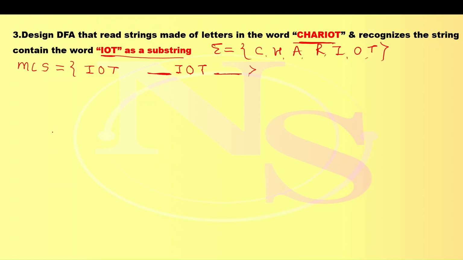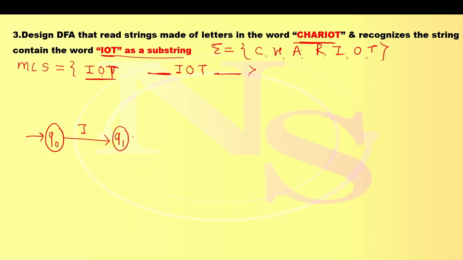Our starting state is Q0. The first string is IOT. IOT should get accepted. It means that by reading IOT, the automaton should go to the final state. So from the first state Q0, read one symbol. The first symbol is I, going to a non-final state, because I should not get accepted.